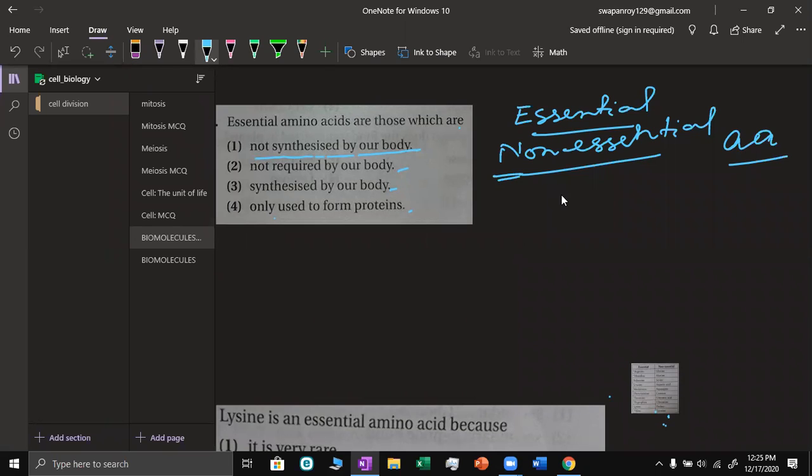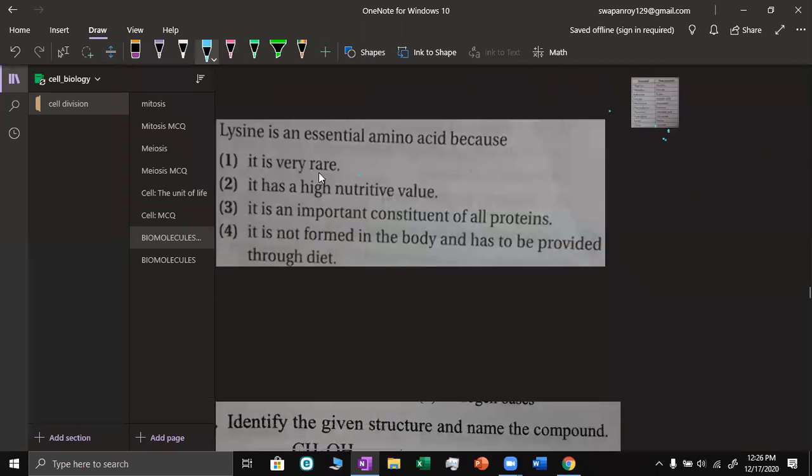It is essential for our body and not synthesized, so we have to take it through dietary protein. Similarly, here is another question: lysine is an essential amino acid.